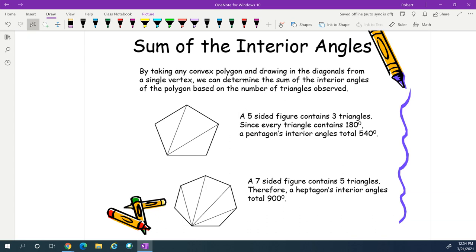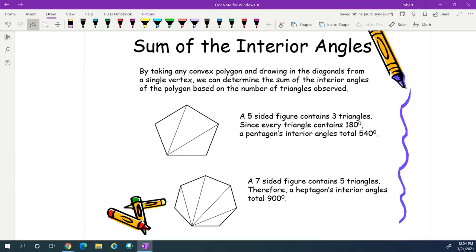All of our work at this level is going to be with convex polygons. Just like triangles, the angles add to 180, and parallelograms and trapezoids, the angles add to 360. Well, we can determine the sum of the interior angles for any convex polygon.